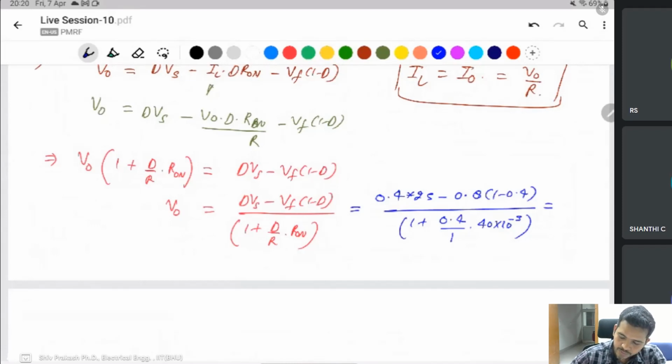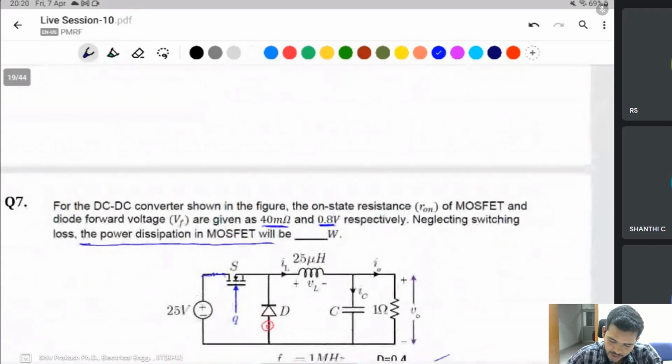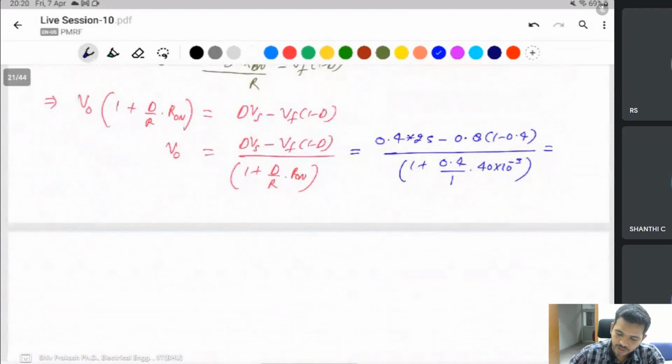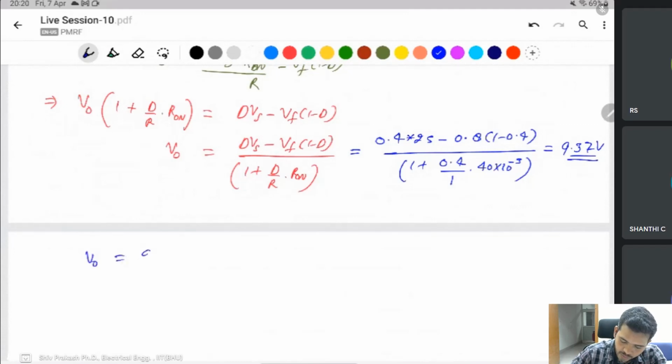Now calculate this one, and we will find V output is 9.37 volt.